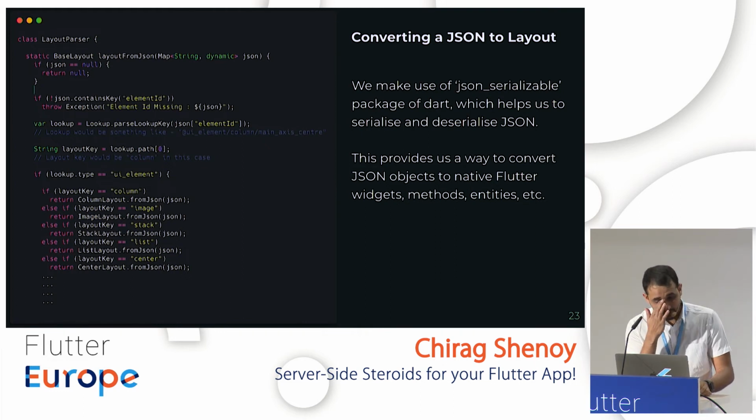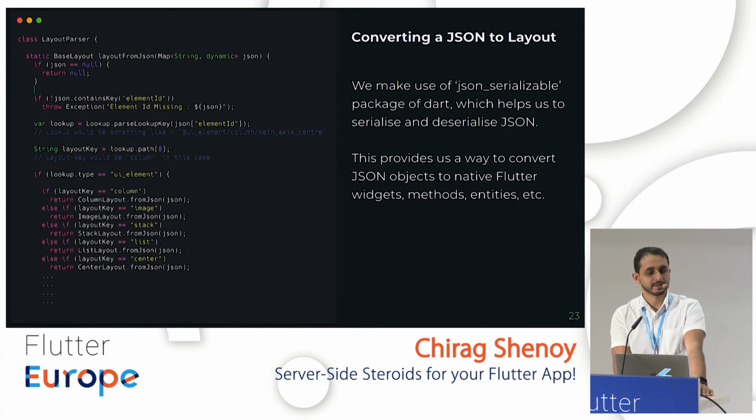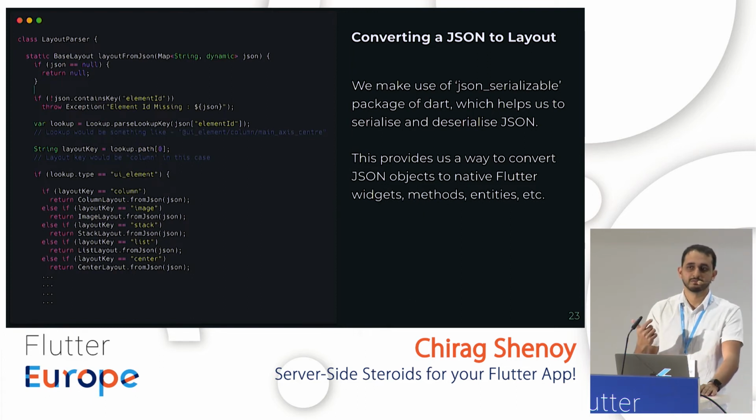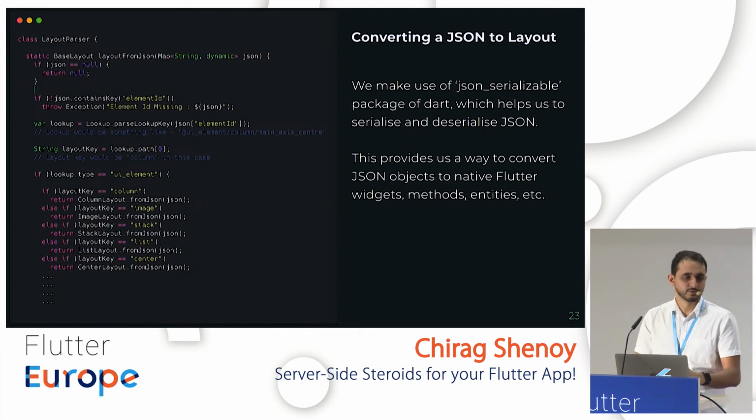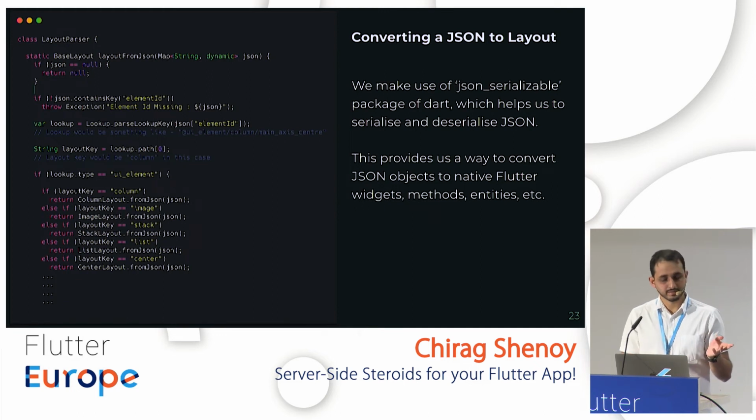If the JSON contains this element ID key, we try to decode that lookup that we just built, right? We built a lookup key, which is the unique identifier. Based on that lookup key, this parser is going to take out the JSON's exact element that is required, and it's going to return that. So that's how you would convert a JSON to an actual Flutter widget.